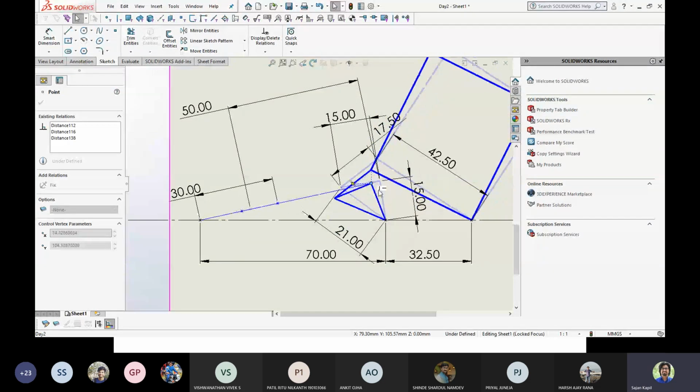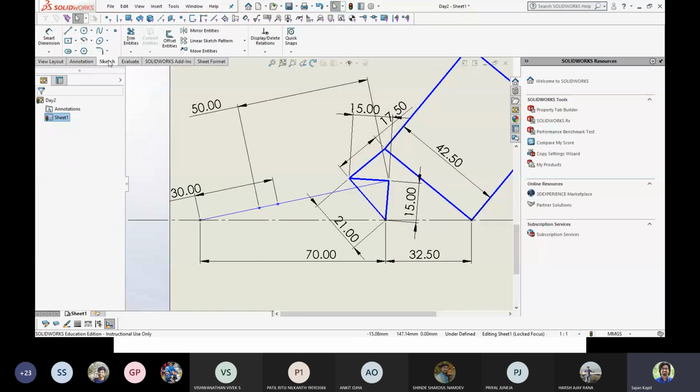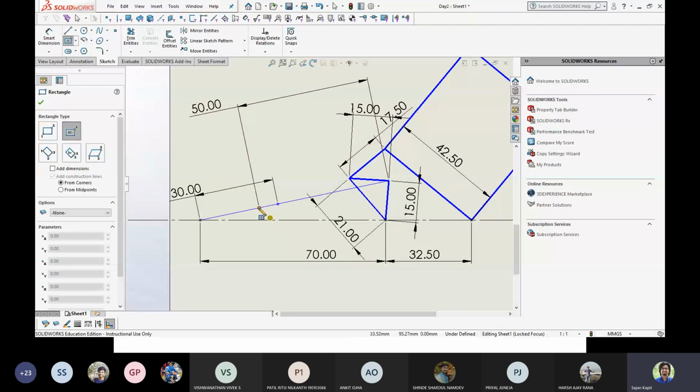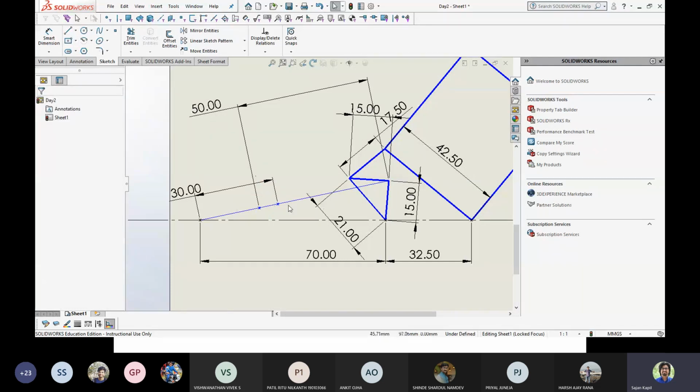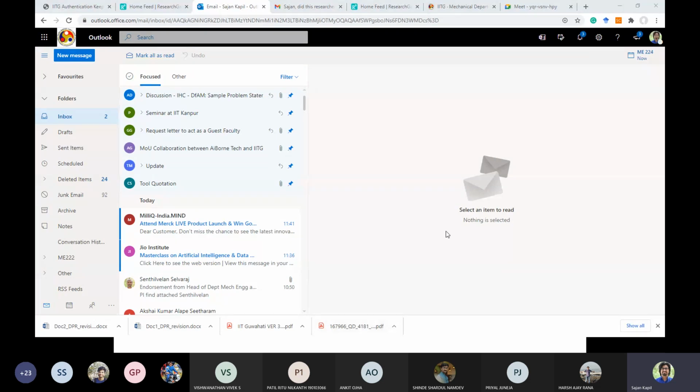If you want to make it better, you can draw a rectangle over here and say that this rectangle is the piston, and make one rectangle corresponding to this, that is your cylinder. Correct. So how many of you have got the angular displacement?